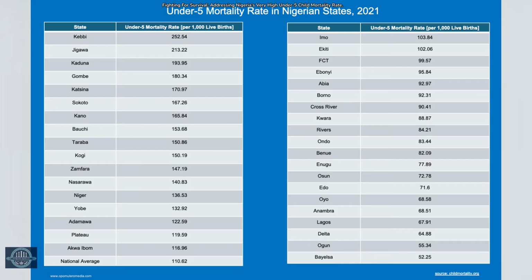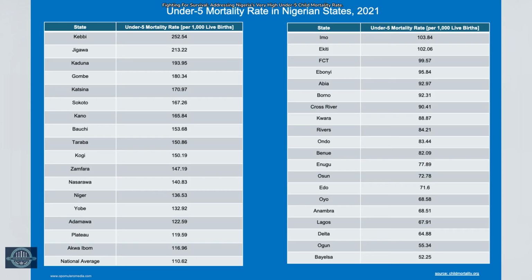On your screen are the data of under-5 mortality rate in each state in Nigeria in 2021, including the Federal Capital Territory. Kebbi State in northern Nigeria has the highest under-5 mortality rate with 252.54 deaths per 1,000 live births, followed by Jigawa State, also in northern Nigeria, with 213.22 deaths per 1,000 live births.